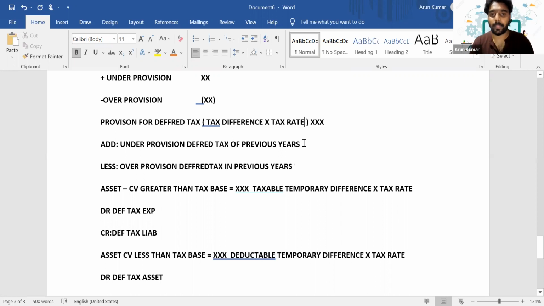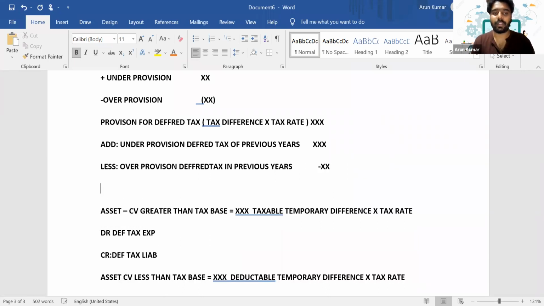You getting it? So it's not just the current tax part, we need to consider the deferred tax element also when we calculate the total tax expense. Is it clear? After making this much adjustment, you will get the tax charge for the year. Is it clear, everyone?